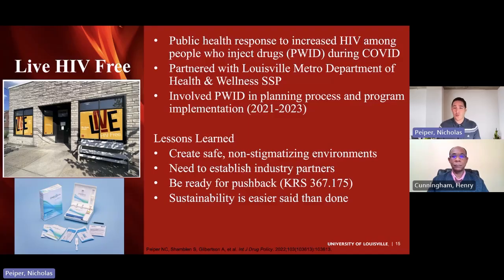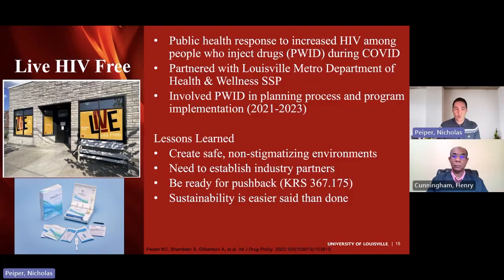Another lesson learned was that we needed to establish industry partners. So even though these OraQuick products were commercially available for about $50, we had a need to purchase thousands of these kits. So it became cost prohibitive at first to just kind of take that commercial approach.